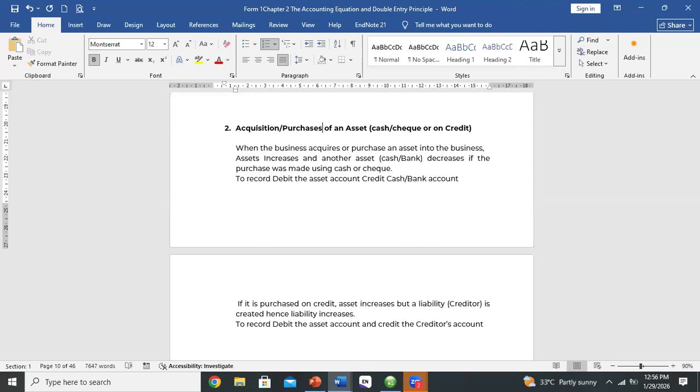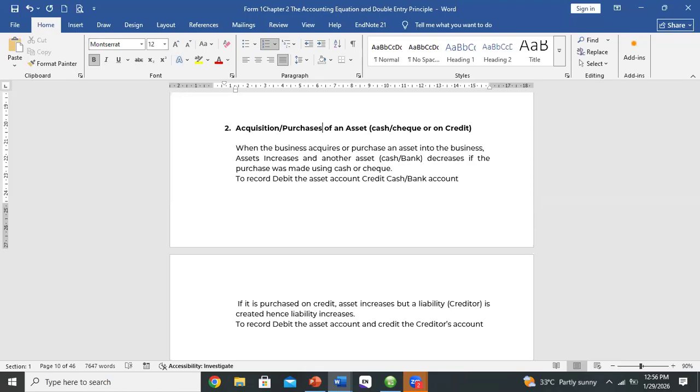If the company paid cash, then the credit will go into the cash account. If the company paid by check, then the credit will go to the bank account. So you only put it in the company's account, as in the company from which you bought the asset. You only open their account as a creditor if the business purchased the asset on credit.